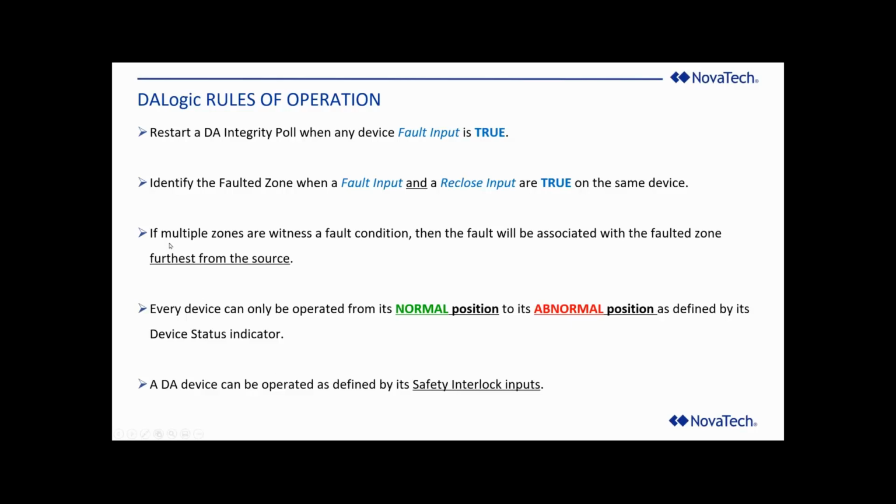Every device that is put into the system has a number of safety features, and one of the most important safety features is that a device will only be operated from its normal position to its abnormal position. So that means that a normally open switch can only be closed. A normally closed recloser can only be opened.